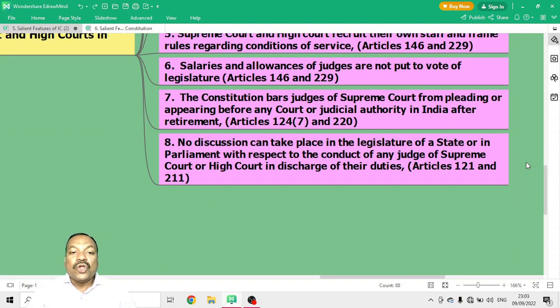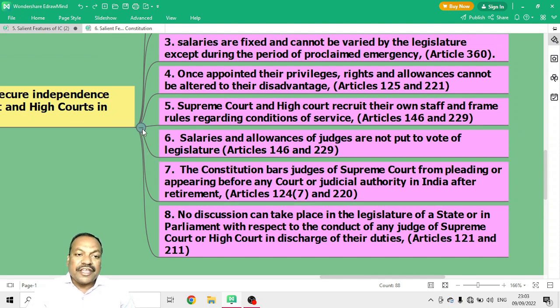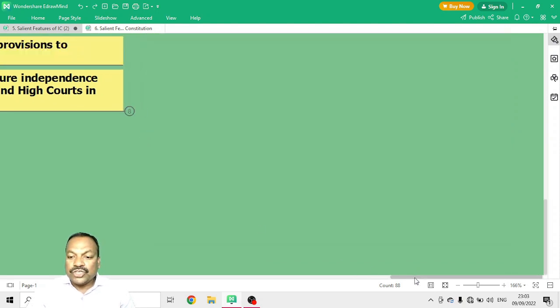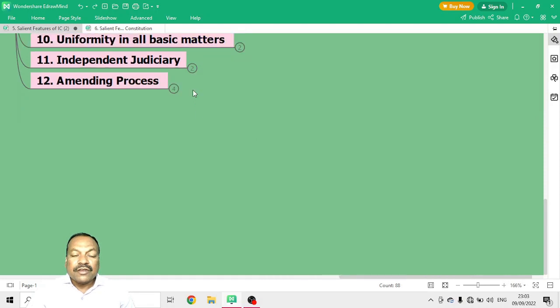And lastly, no discussion can take place in the legislature of a state or in Parliament with respect to the conduct of any judge of the Supreme Court or High Court in discharge of their duties. So, in this way, there are certain criteria due to which our judiciary is independent.